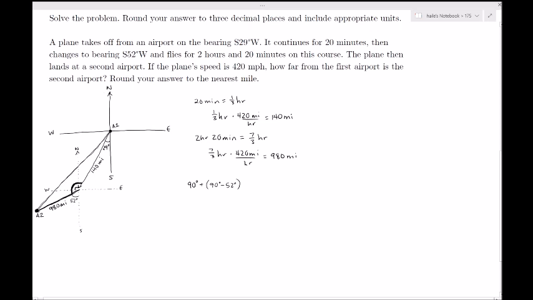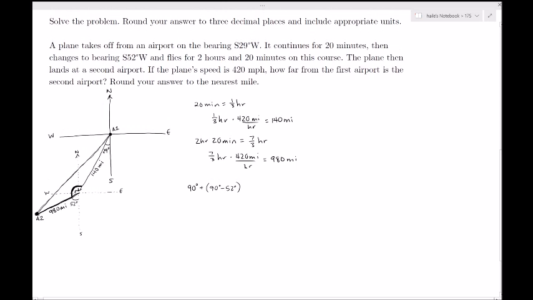So the angle between the 140-mile arrow and the dotted north axis will be the same as that 29-degree angle up here. So that angle is going to be 29 degrees. All right. So if we add all of this together, we get a total angle of 157 degrees.